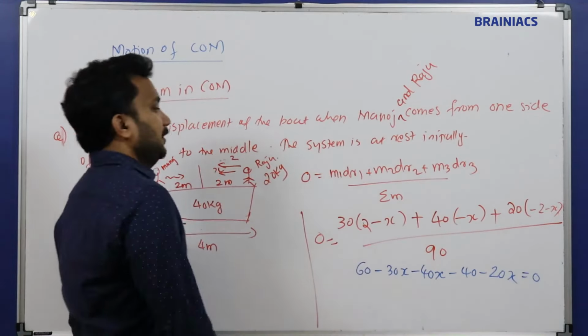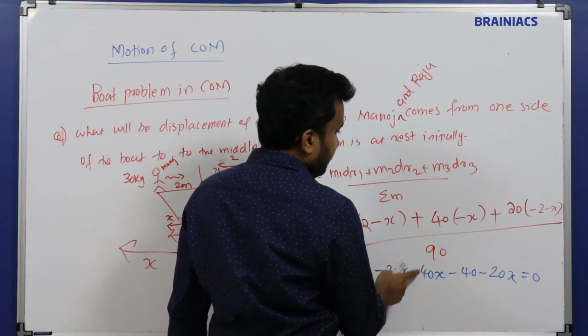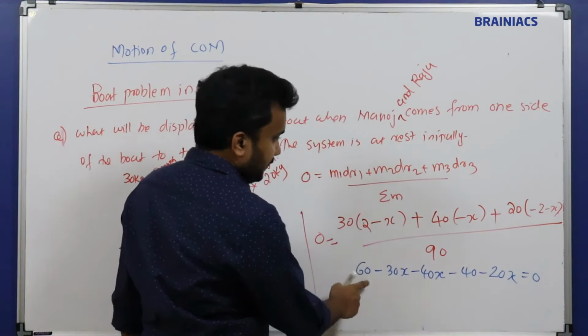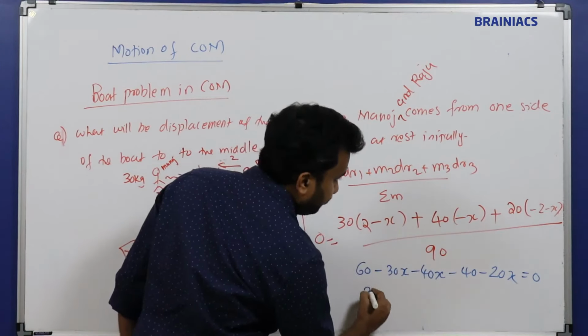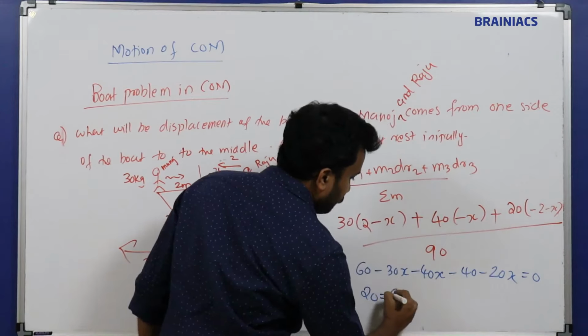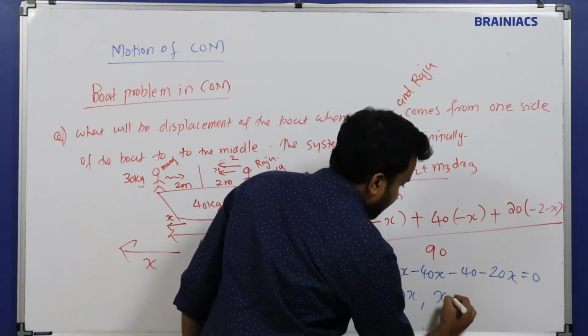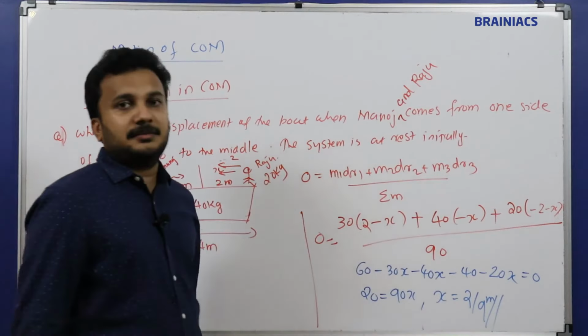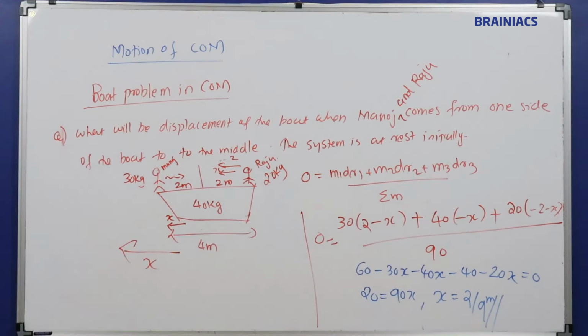Correct? 30 into 2, 60, minus 30x, minus 40x, minus 40, minus 20x. So 60 minus 40 is 20, 30 plus 40 is 70, plus 20 is 90, so 20 is equal to 90x, and x will be equal to 2 by 9 meter. That is the right answer for this question. Hope this is clear. Raju Manoj problem, boat problem.